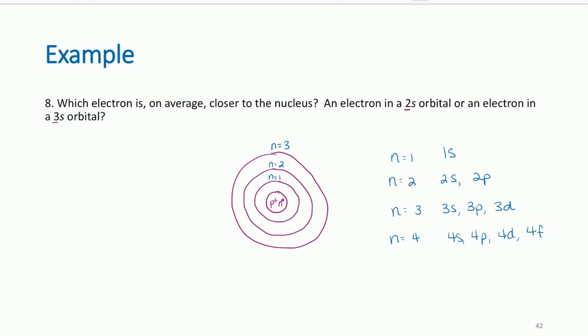But that means that the nucleus is here. So closest to the nucleus is our 1s. But if I'm comparing 2s and 3s, I see 2s is in fact closer to our nucleus than a 3s orbital would be. So you need to think about what those orbitals mean in relation to the structure of the atom itself and where they reside.